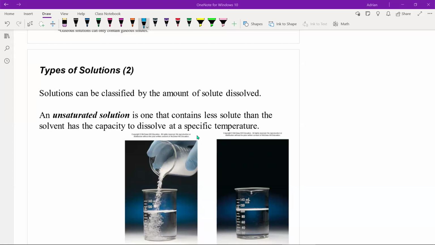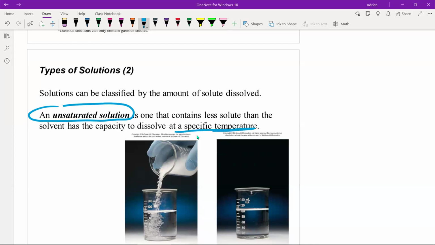So in an unsaturated solution, what you actually have is a solution where we have less solute in it than the solvent can actually accommodate at a particular temperature. This is a key thing here.